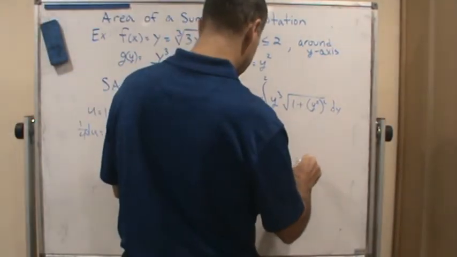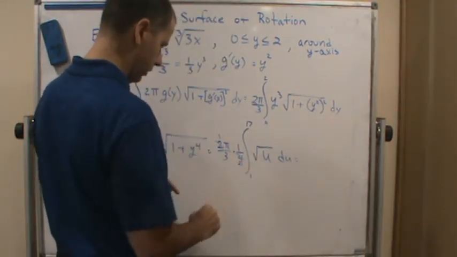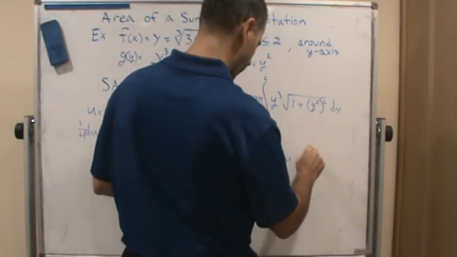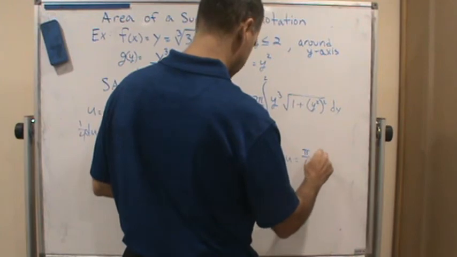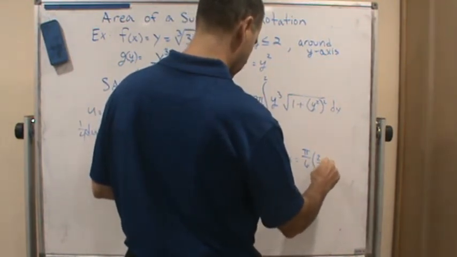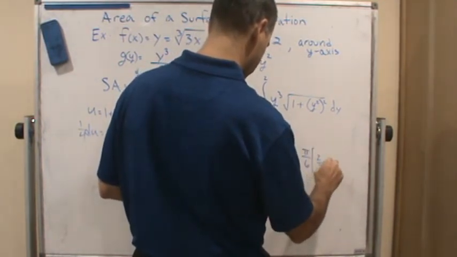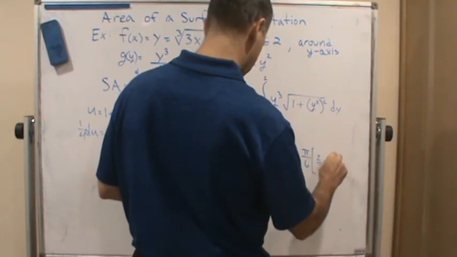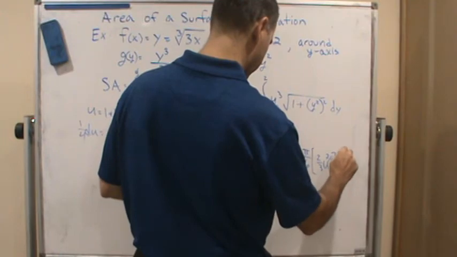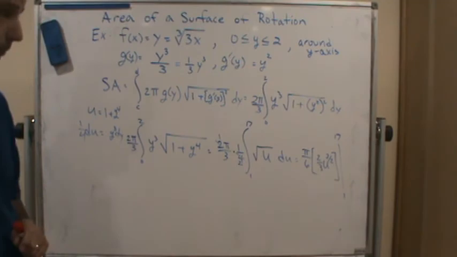Okay? And now, let's simplify this. So this is going to become pi over 6 times 2/3 u to the 3/2 from 1 to 17.